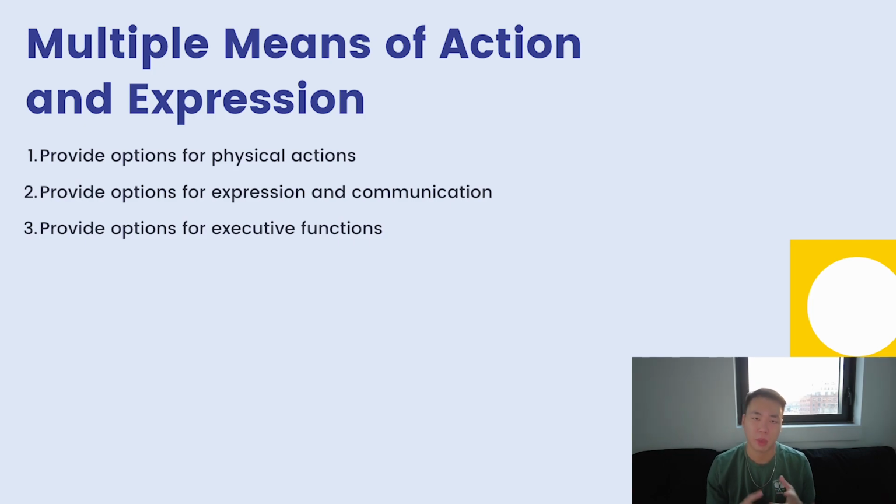One principle as part of this multiple means of action and expression is making sure that you're providing options for physical action. So in addition to just writing multiple choice answers or short answers, you're incorporating physical mediums such as acting or typing a paper or some sort of musical element. You can also provide options for expression and communication based off of the student's preferred modality of communication. If someone doesn't really like communicating through writing, they can maybe speak out an answer, meeting them where they are.